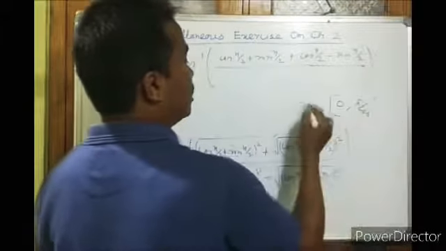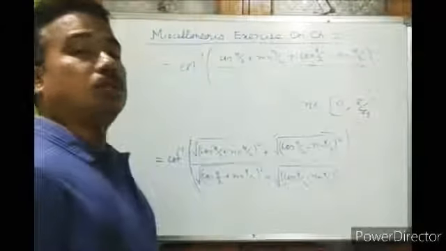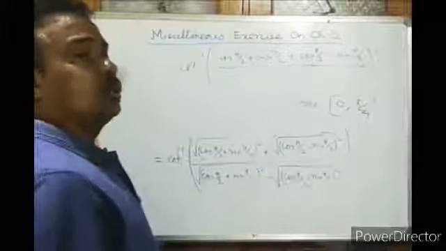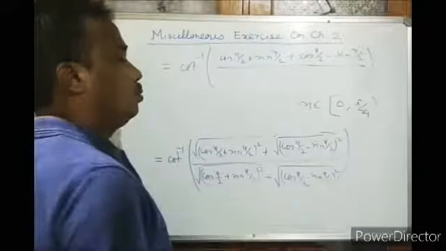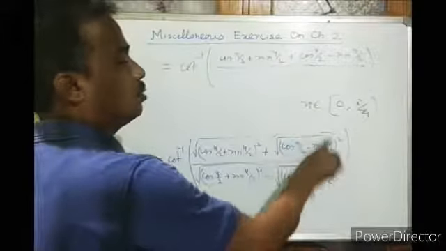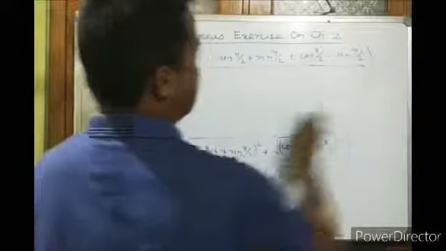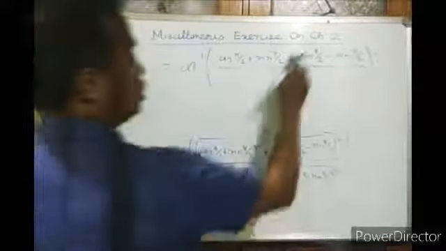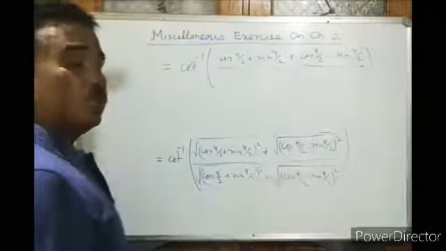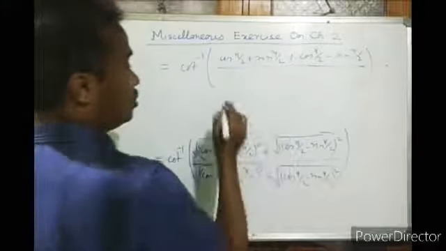When x belongs to 0 to pi by 4, cos x by 2 minus sin x by 2 is positive, whereas sin x by 2 minus cos x by 2 is negative. The square root of a whole square is always positive, so it cannot be sin x by 2 minus cos x by 2.